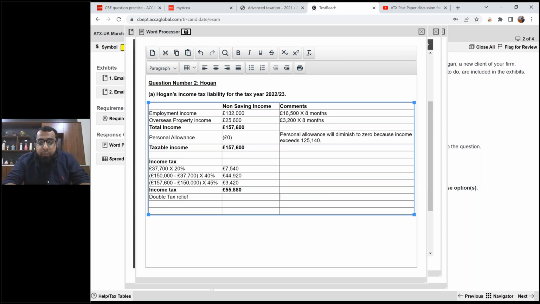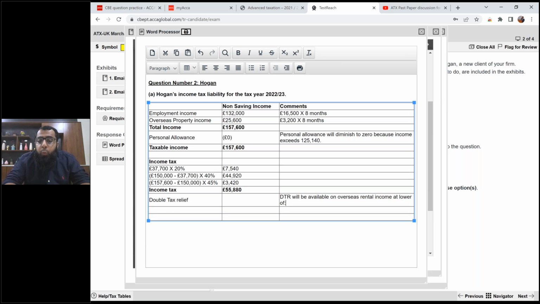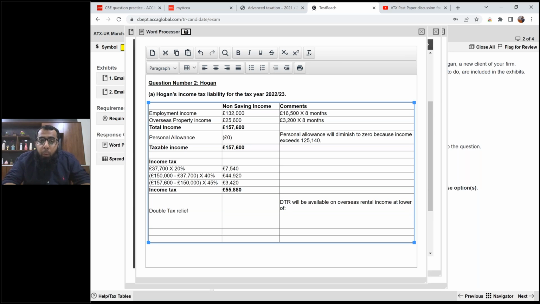DTR will be available on overseas rental income at the lower of two things. Number one, overseas tax. Now the overseas tax, the amount is 25,600 into 45%.